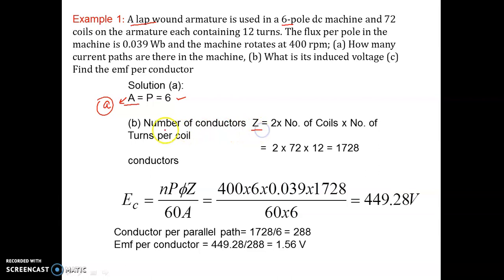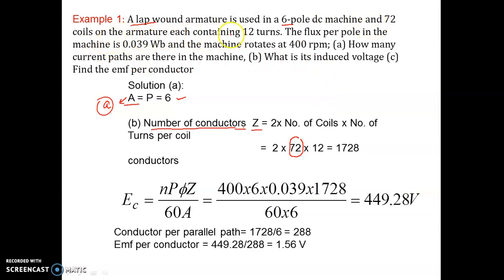You see, this is a very important thing. Number of conductors Z is 2 multiplied by the number of coils multiplied by the number of turns per coil.